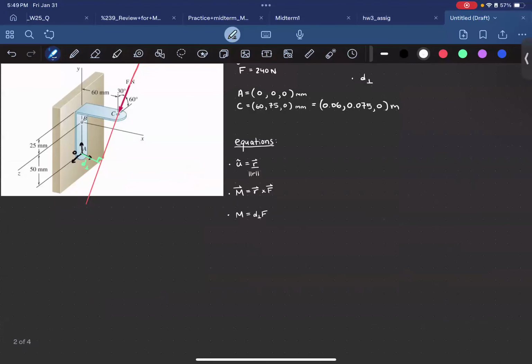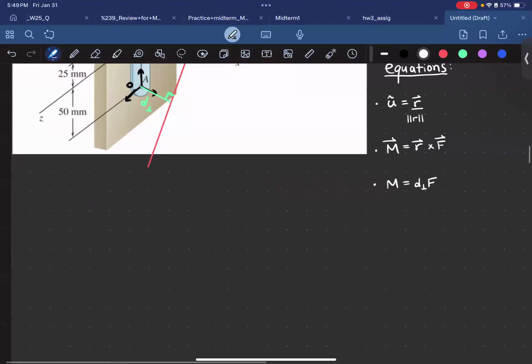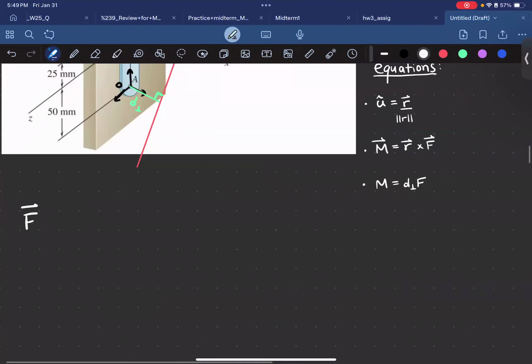So first, we have that F is equal to 240 newtons. We can break that up into its vector components by using cosine and sine identities because we're given the angle in the problem.